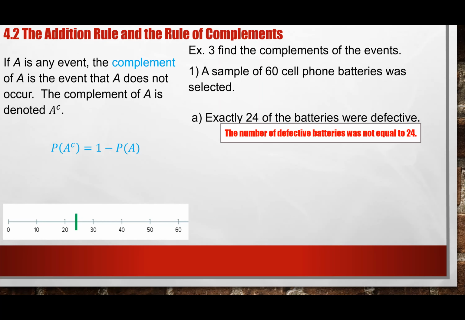The total can be 600, can be 6,000, it doesn't matter. I don't care about the total. I care about the number right here. Because it's exactly 24, as long as it's not 24, then it fits the description, it's the complement of this.